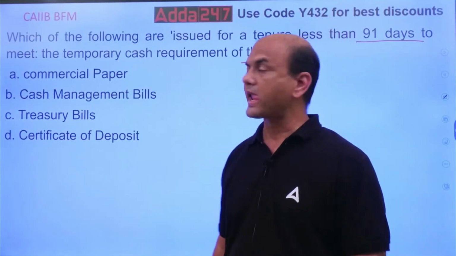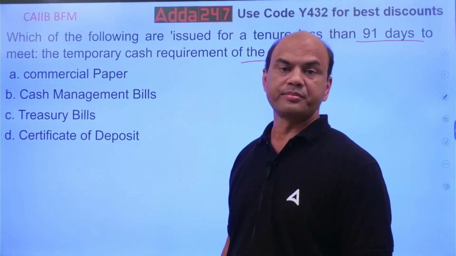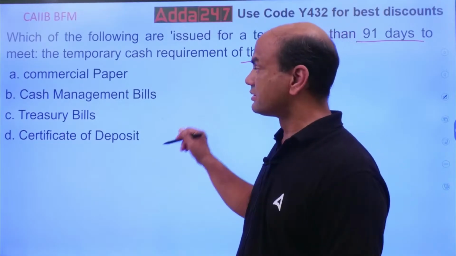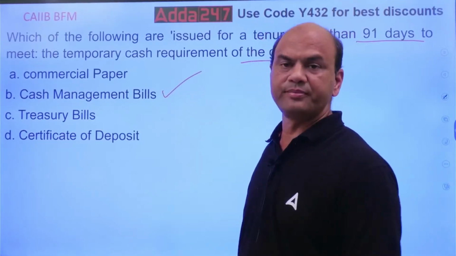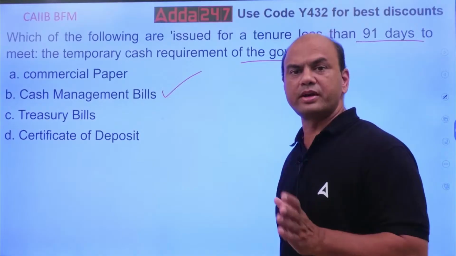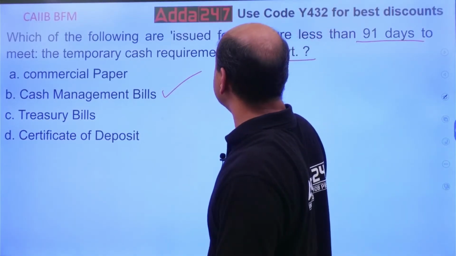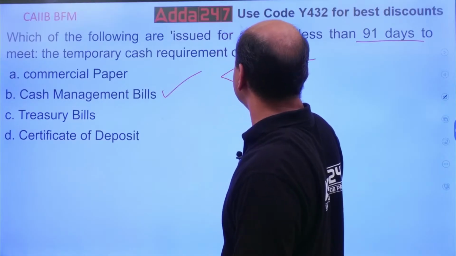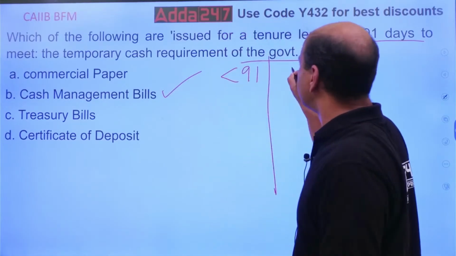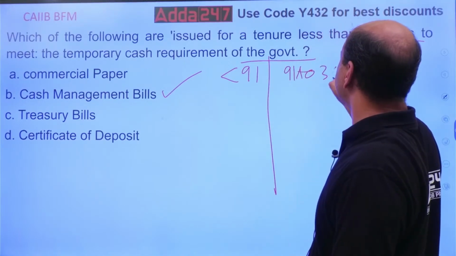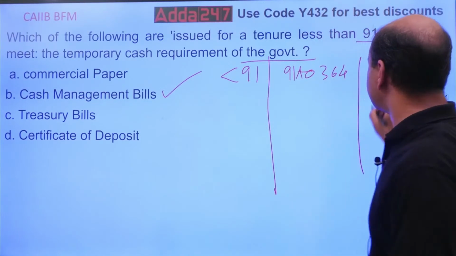It is less than 91, so these are CMBs. Kindly note, there are three different classifications. Number one, less than 91. Then 91 to 364, and beyond 364.